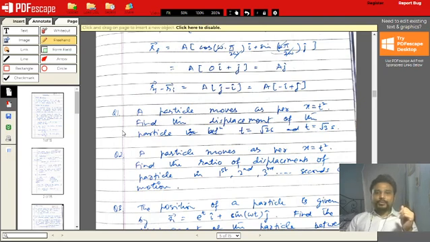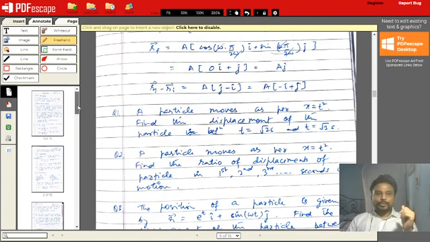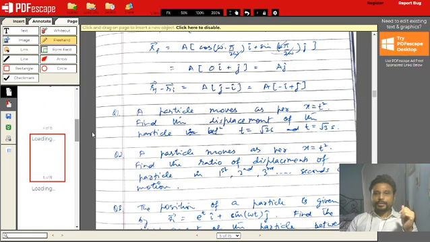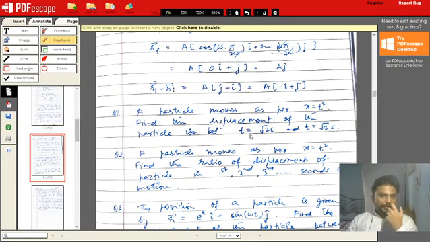A particle moves as per x equal to t square. Find the displacement of the particle between t equal to root 2 seconds and t equal to root 3 seconds. So again, following the same steps, first we write the initial position of the particle, by substituting the value where the particle is initially.